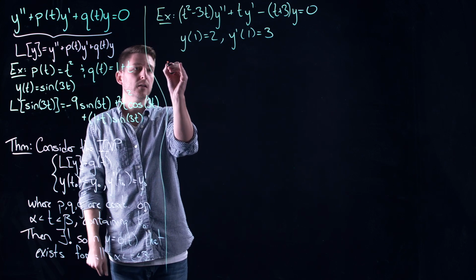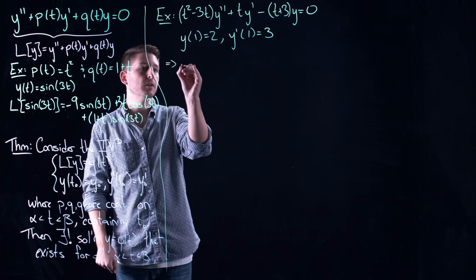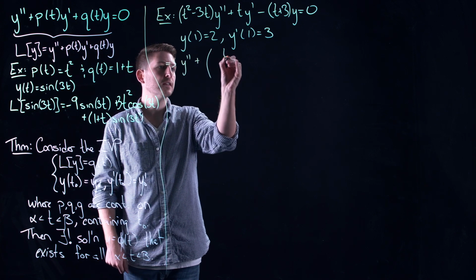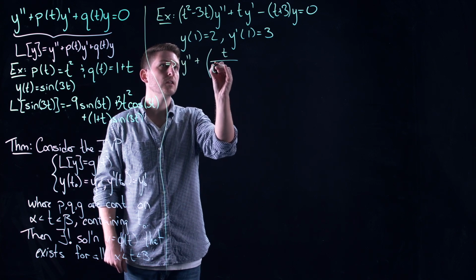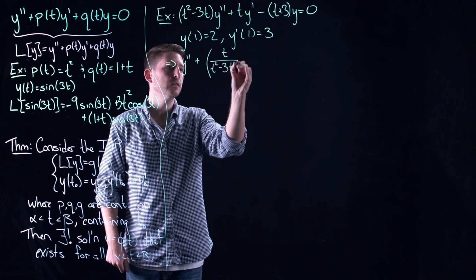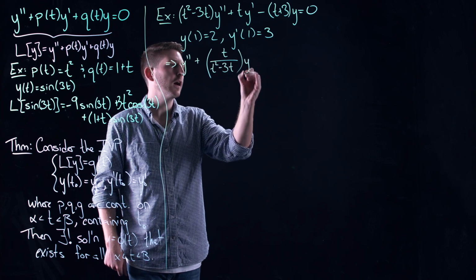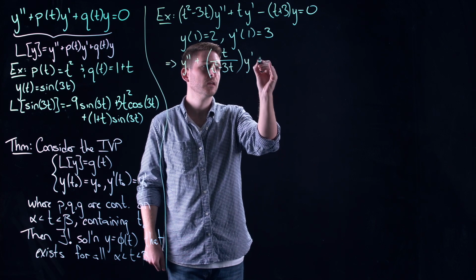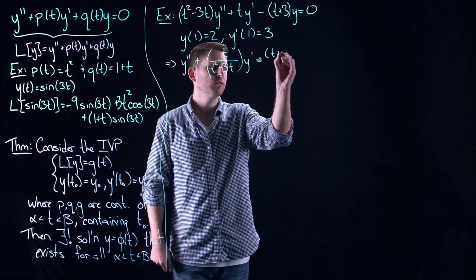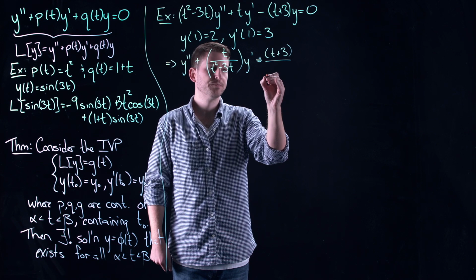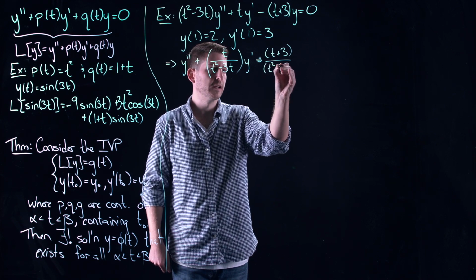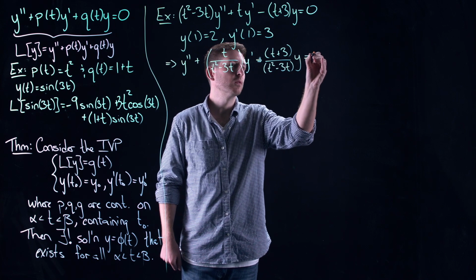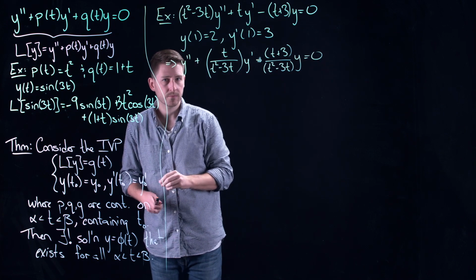And so really, my ODE should be written as y double prime plus, let's say, t over t squared minus 3t y prime plus, minus t plus 3 over t squared minus 3t y, which is equal to 0 again.